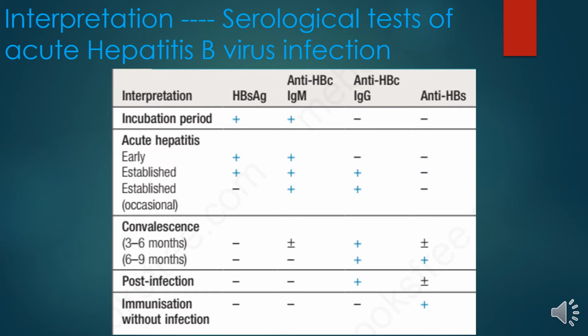Post-infection is shown by the anti-hepatitis B core antibodies. Immunization without infection only shows the anti-HBs, in which the anti-HBc antibodies are absent.